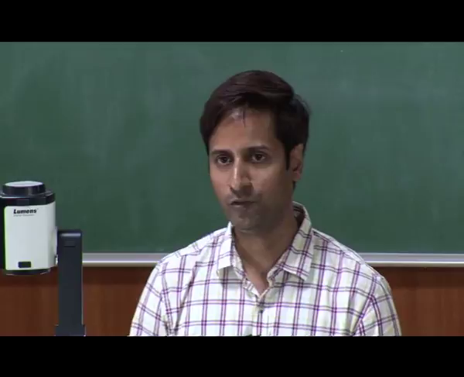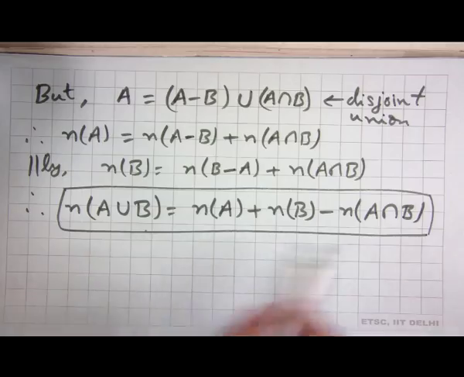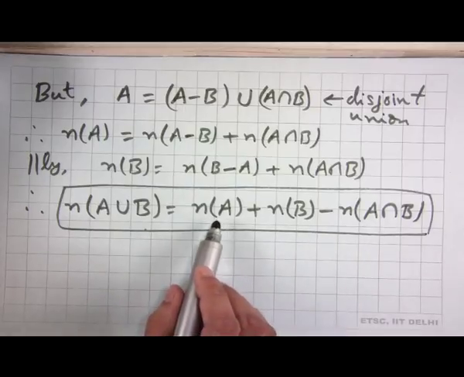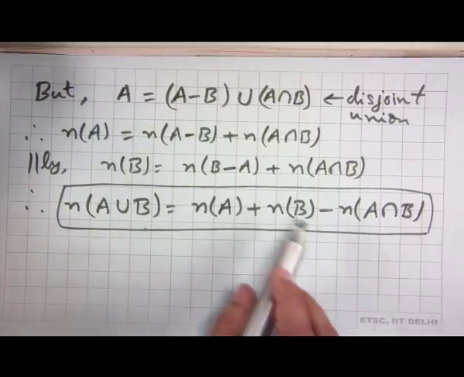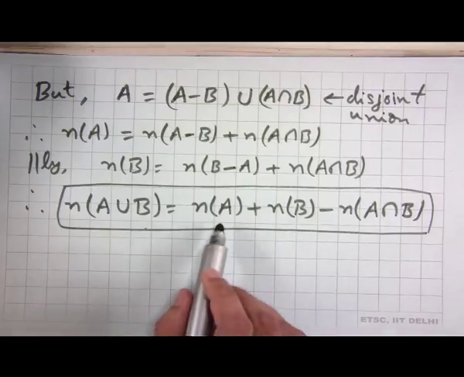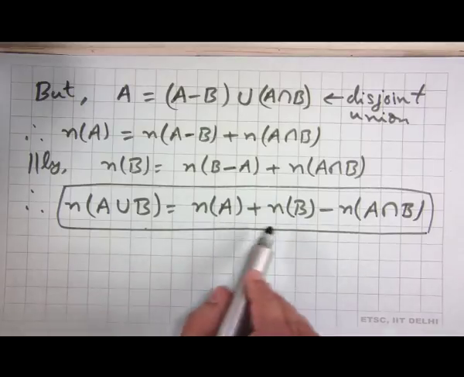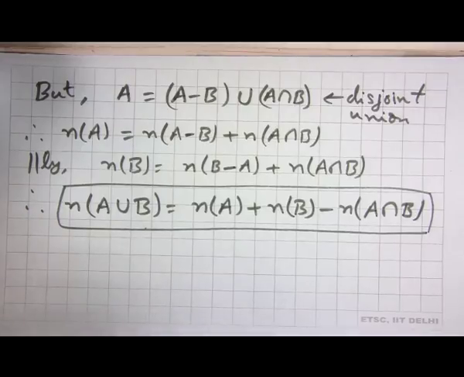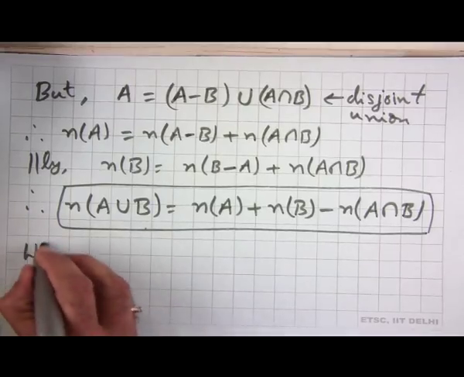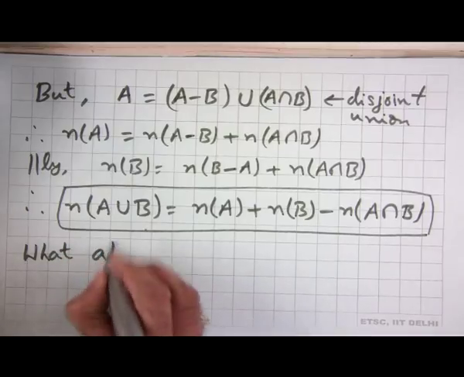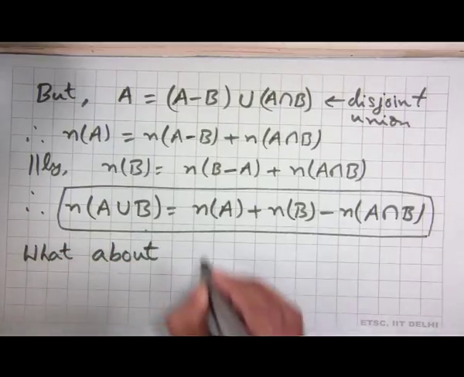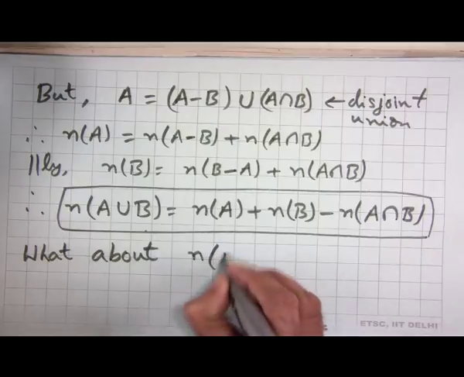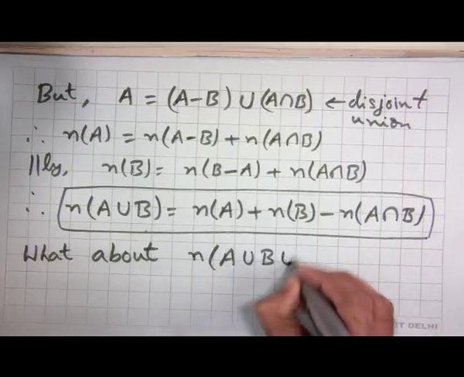So, this is a very important formula. Here we have to subtract the number of elements in the intersection, because when we are counting the number of elements of A and the number of elements of B, the elements in the intersection are counted twice. So, we need to subtract. That is one way that you can remember this formula. Now, what about n of A union B union C?